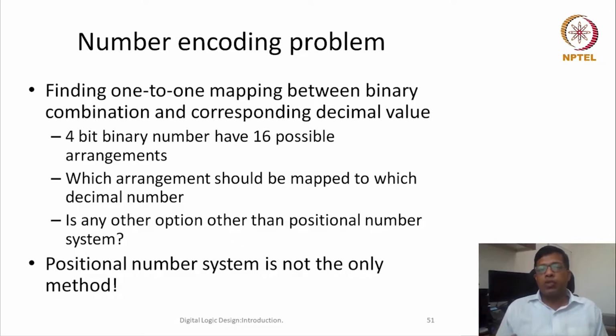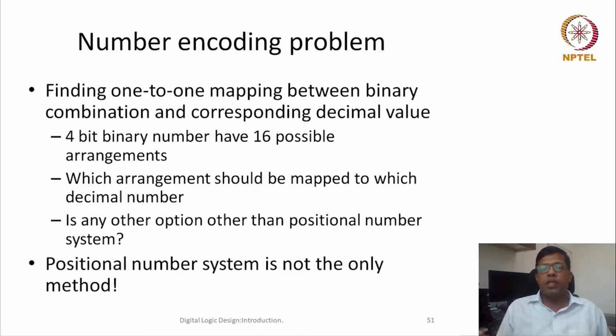The representations we have studied so far are all called positional number systems, because each symbol at a particular position has a certain weight to it. That was the standard weighted positional system. Now, can there be merit or advantage in having some other system, some other way of representing the same binary numbers?